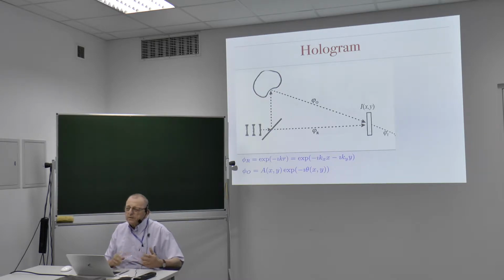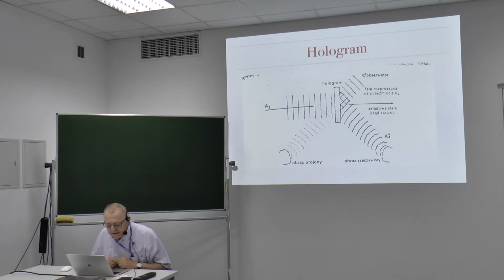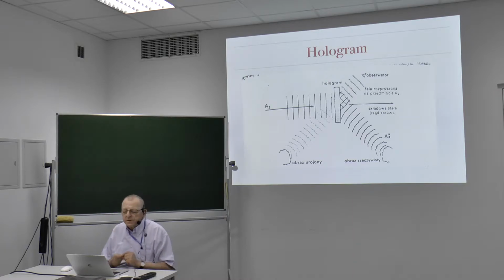I have assumed that my reference beam, they call it the reference beam, has an amplitude equal to 1, but that is only because I want to keep the calculations as trivial as possible. Sure enough, it may have another amplitude, but that will be just another letter in my calculation. All right, so that is basically how that looks in the experiment.